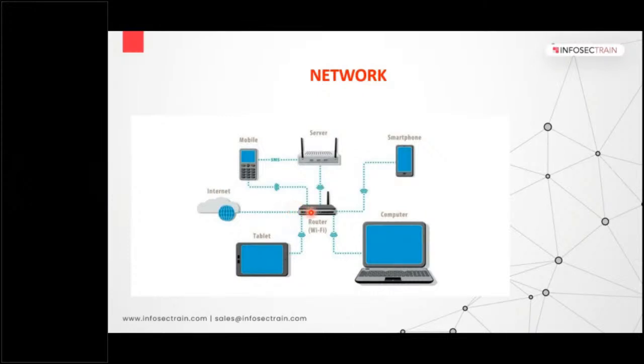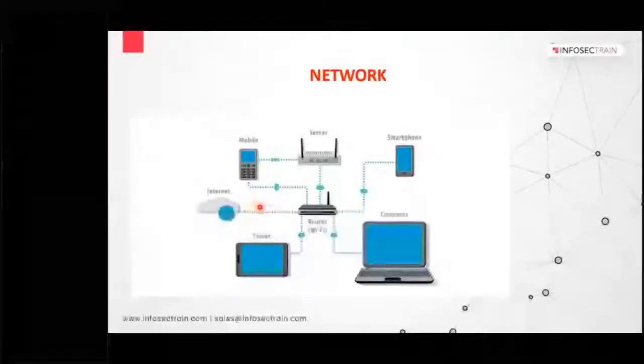Our router is helping us to get connected to the internet. So network is what? Whenever two devices, minimum two devices, share their data with each other and communicate with each other, that is called a network, right?